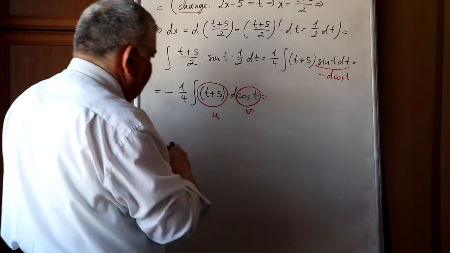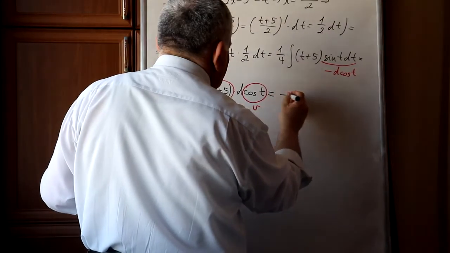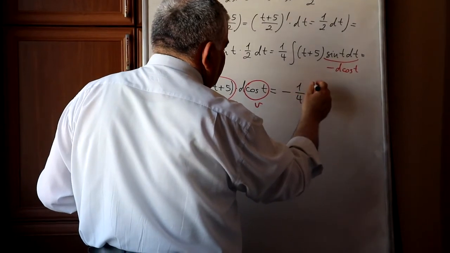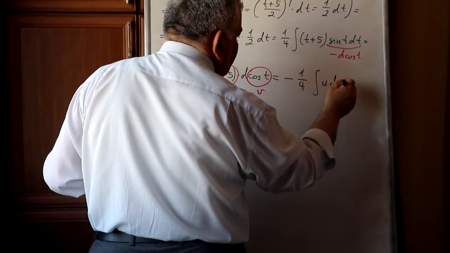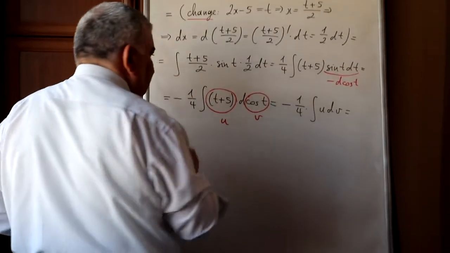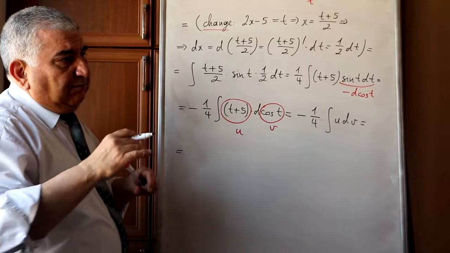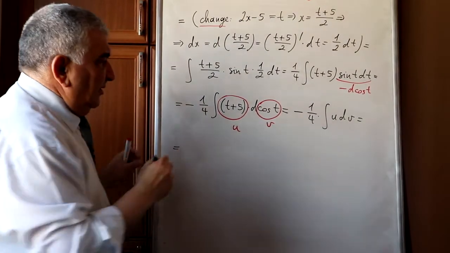We will obtain the following integral: minus 1/4 multiplied by integral u dv. According to this formula, integral u dv is equal to u multiplied by v minus integral v du.